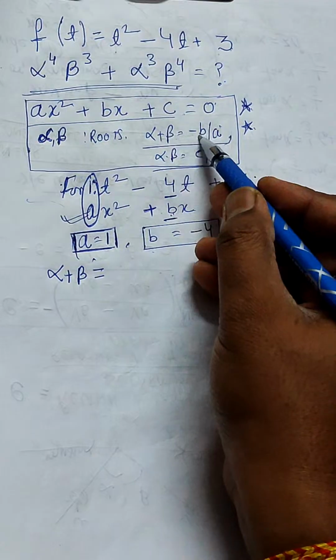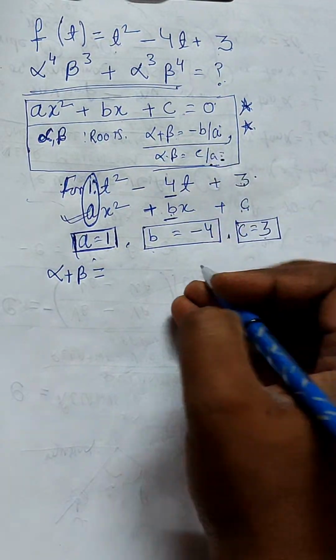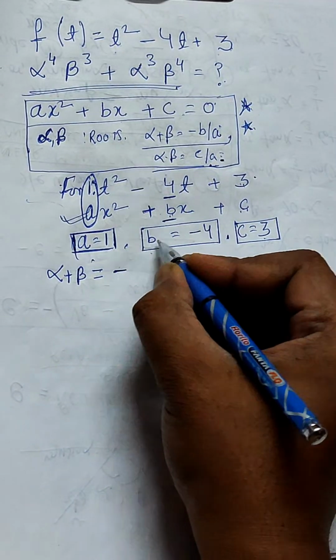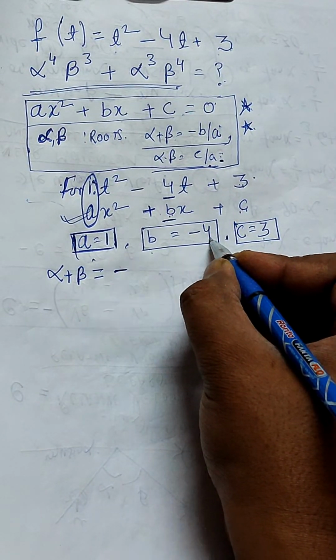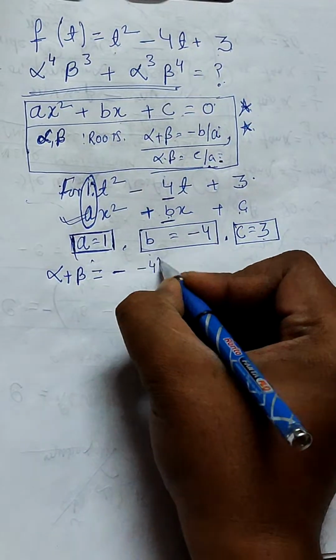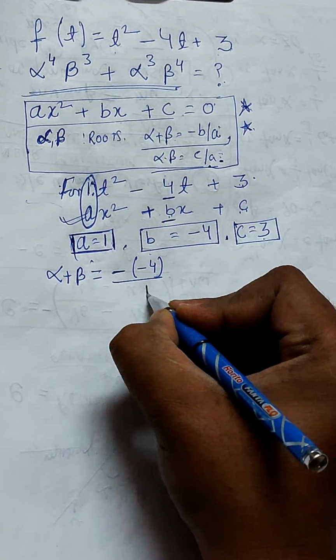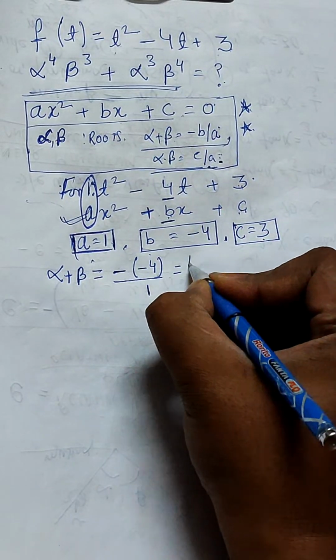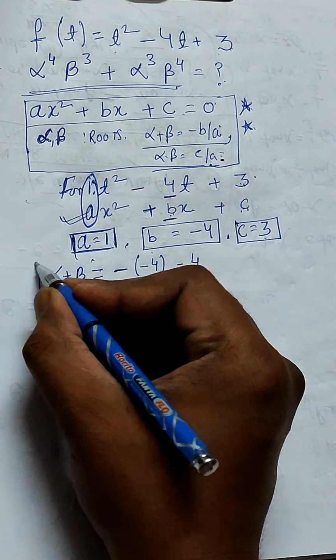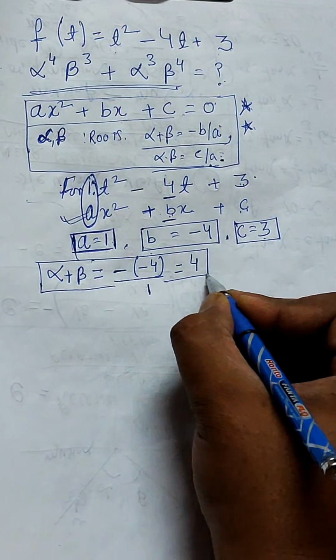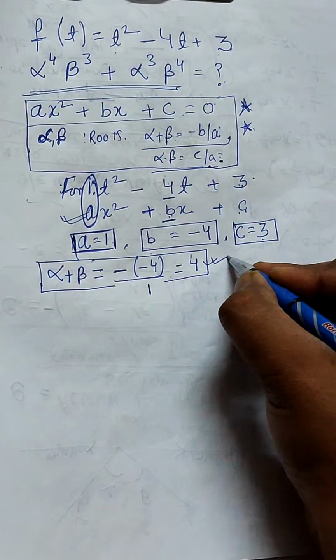It's equal to minus b by a. Just remember this, minus b by a. The value of b we have calculated as minus 4. So minus times minus 4 divided by a, the value of a is 1. So this will be coming as 4. So we have identified the value of alpha plus beta for our quadratic equation as 4.